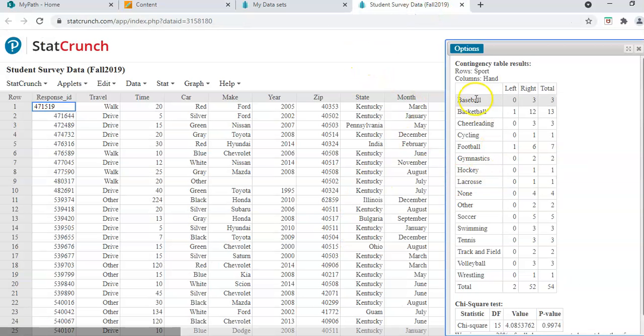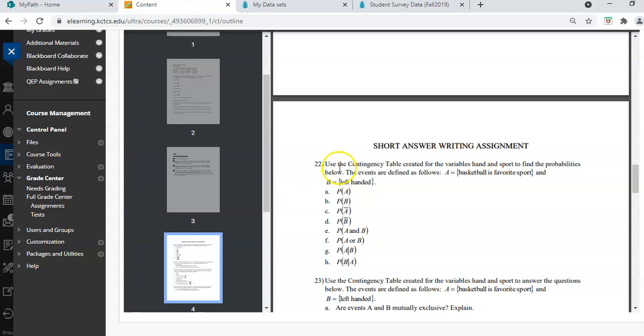We have left-handers, 2 out of 54. Probability of not having basketball as their favorite sport: we just need to take 1 minus the probability we got in A. And the probability of not being left-handed, being right-handed, we'll take 1 minus the probability that we got right here in B.